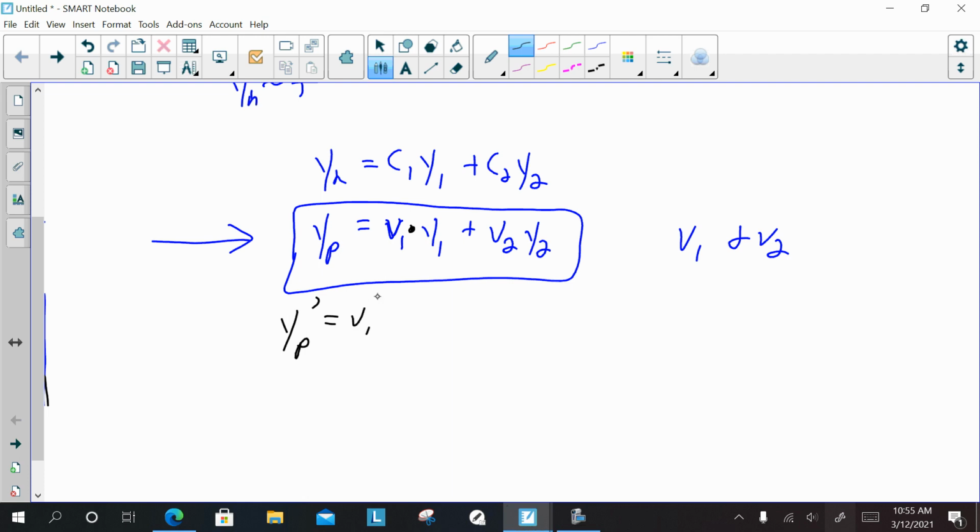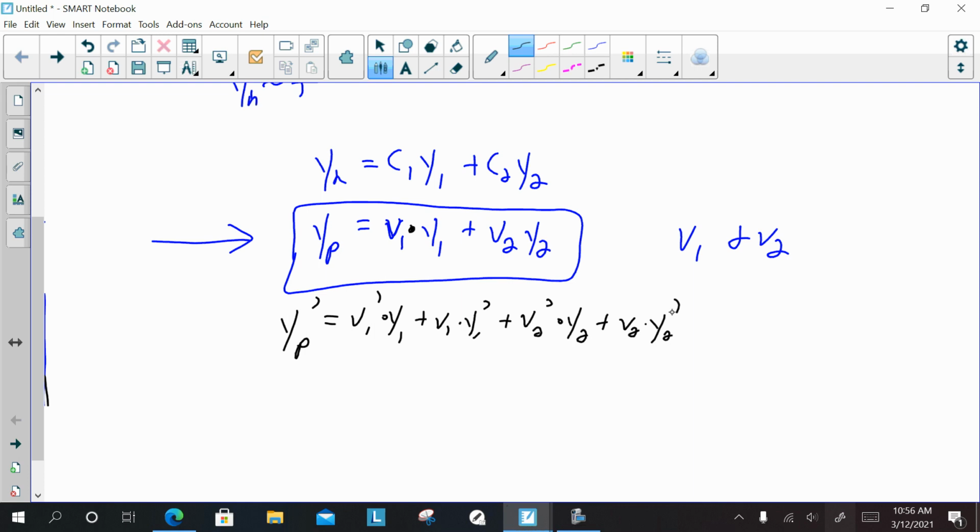That would be the derivative of the first times the second plus the first times the derivative of the second, and the same thing for the second term: the derivative of the first times the second plus the first times the derivative of the second.